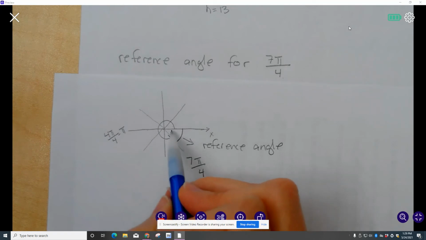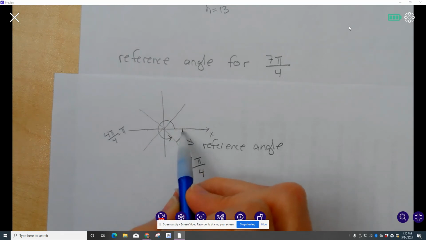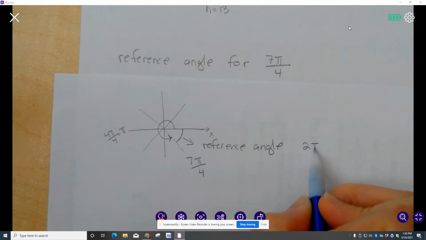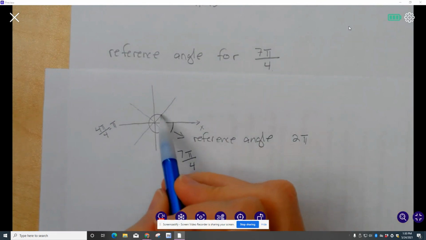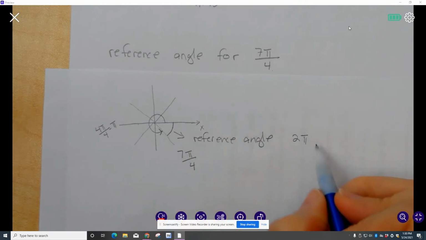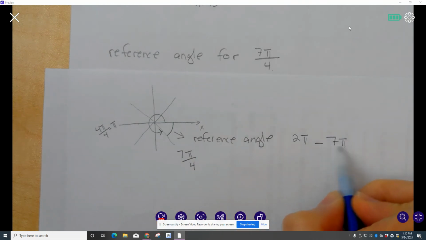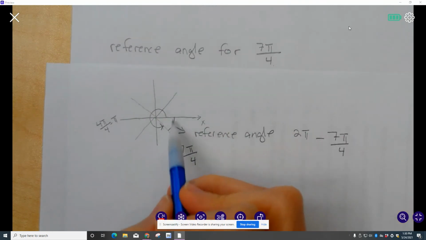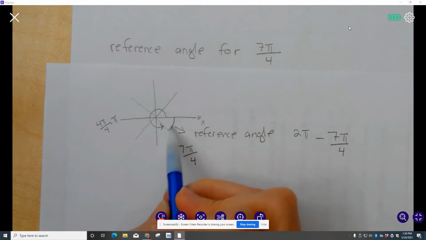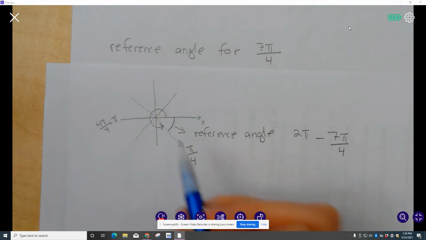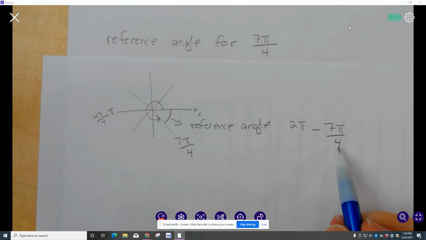But you can also think, if I go all the way around, that's 2 pi, and I want to subtract the distance I already went. So I want to subtract the 7 pi over 4 from the whole, and that will leave me this section. If I'm subtracting these, I need a common denominator.